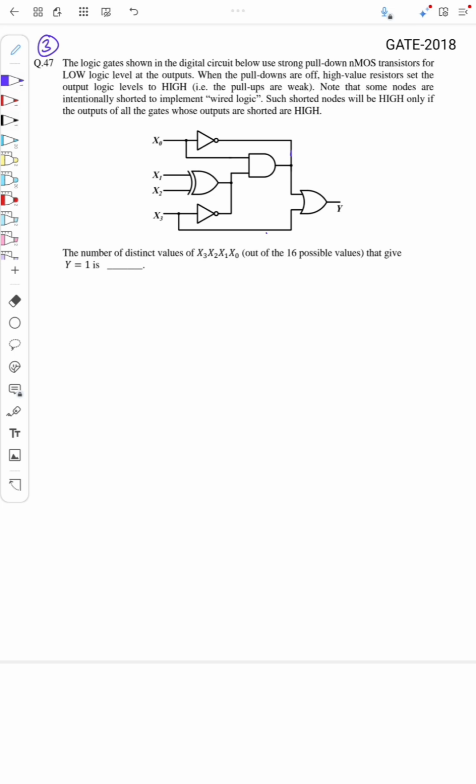So according to the question, here we have some gates whose outputs are connected together, like for example the output of this NOT and the output of this AND are connected together, and similarly here the output of this XOR and the output of this NOT are connected together. And what the question says is, for example the output of this NOT and the output of this AND are connected, right?